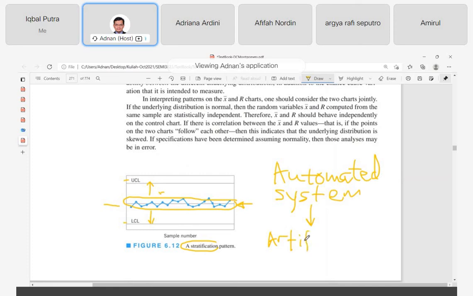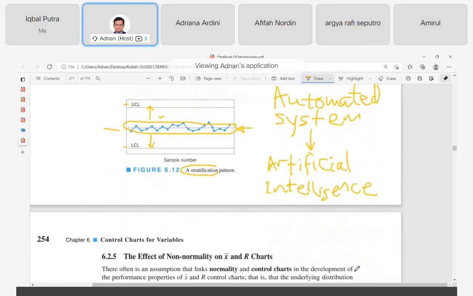Artificial intelligence can be used to recognize this pattern, for example using neural networks. Maybe industrial or mechanical engineering students may not be so familiar with this. We borrow the techniques from computer science. Use artificial intelligence for pattern recognition.